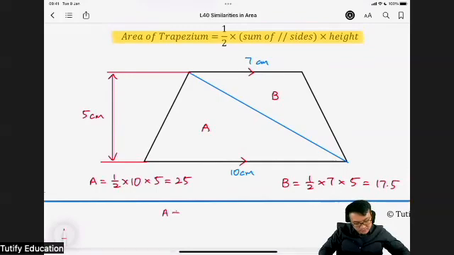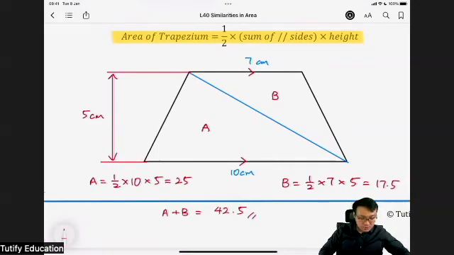So when you want to add them together, we just add 25. We get 42.5. Yes, very good. So the area of the trapezium is 42.5.